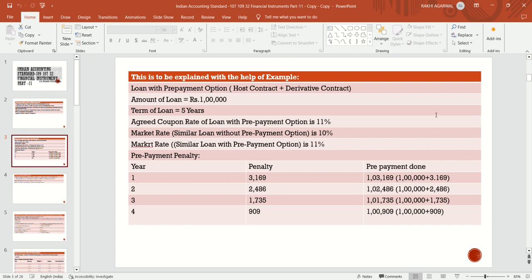The term is 5 years. If they pay in year 1, the penalty charged is 3169. If they pay early in year 2, they will charge 2486. If they pay early in year 3, it will be 1735. And if they pay early in year 4, they will charge 909.